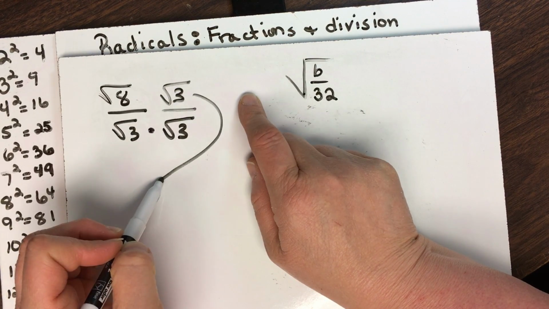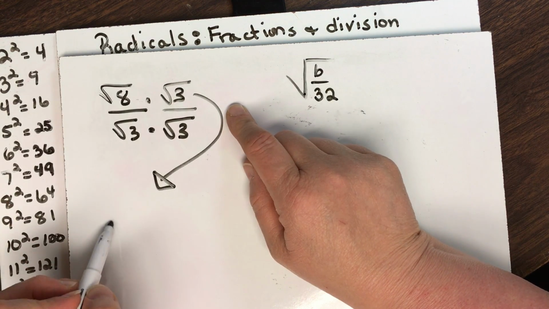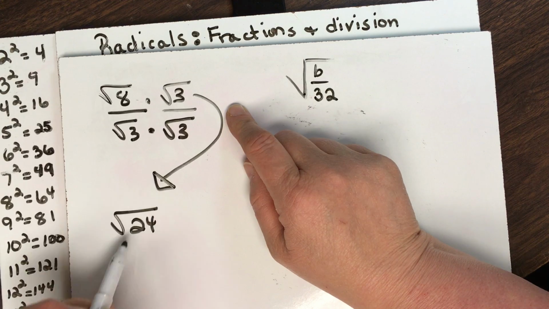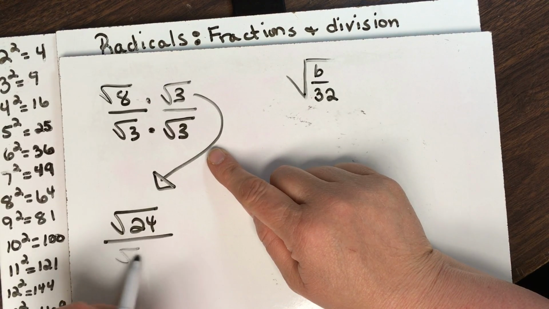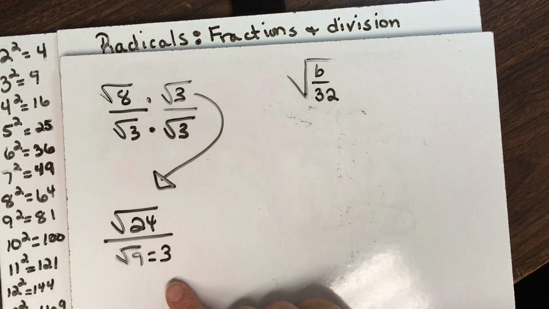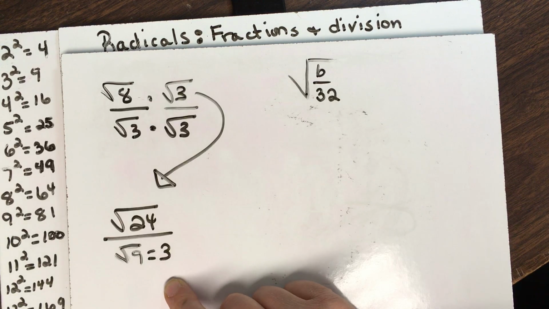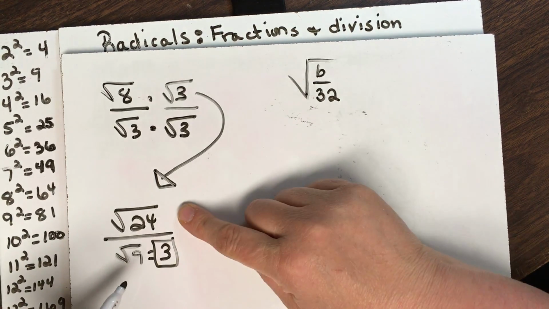Alright, now I'm going to rewrite down here. So 8 times 3 is the square root of 24, and then 3 times 3 is the square root of 9, or that equals 3. So I could have just jumped to this and been okay with that down here. Now I'm going to break this up.